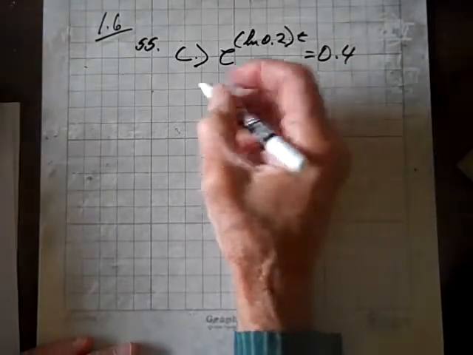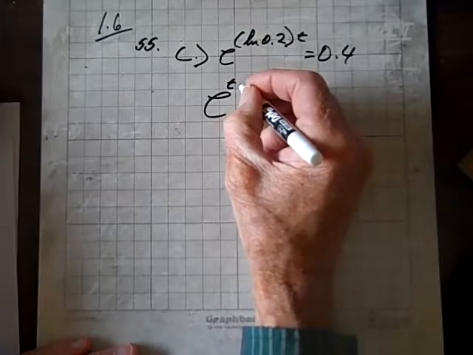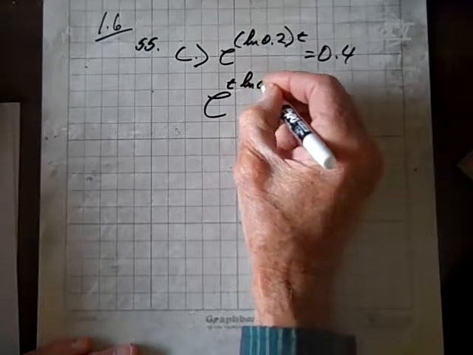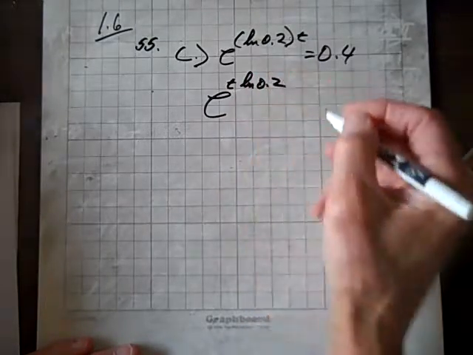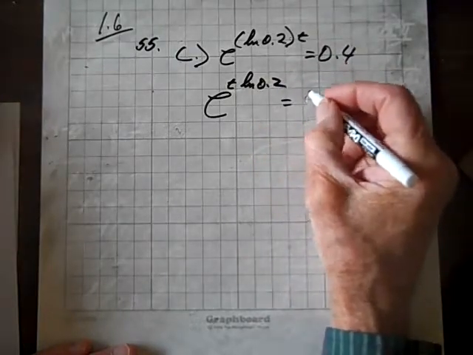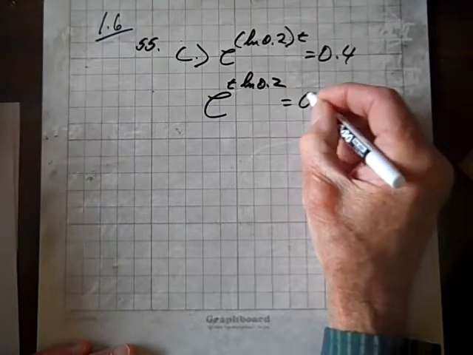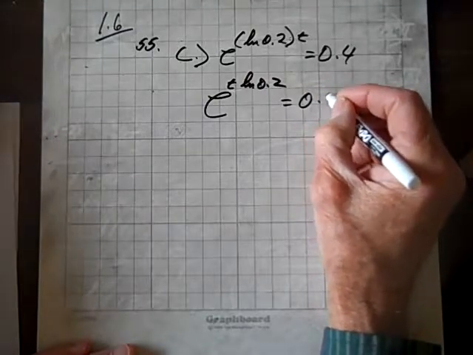Well, you know, that is the same as e to the t times ln of 0.2, which equals 0.4.